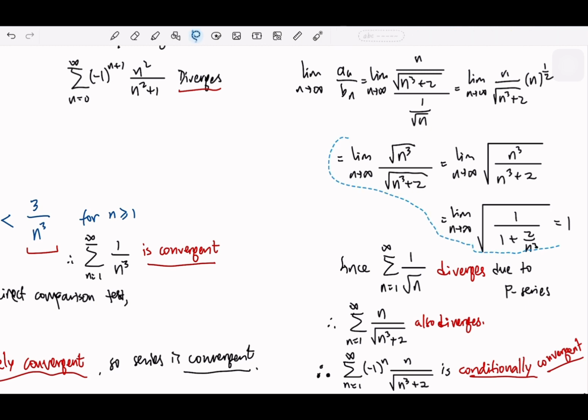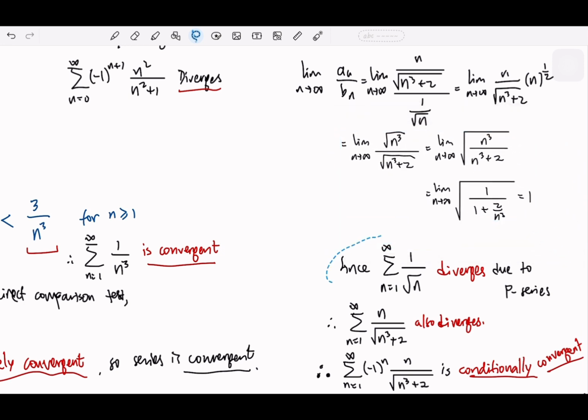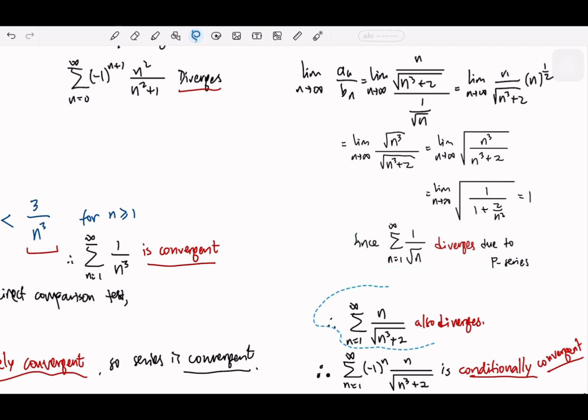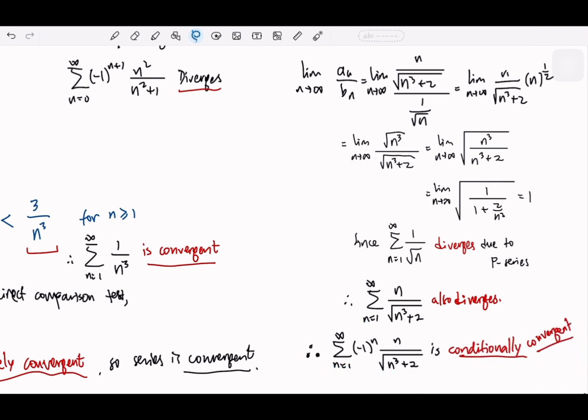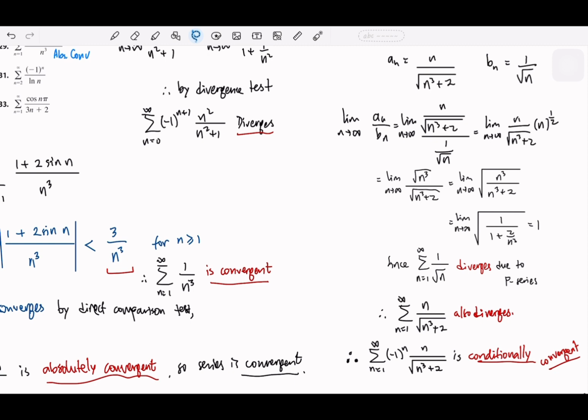Let me make this smaller. Okay, so I hope you can see the argument.